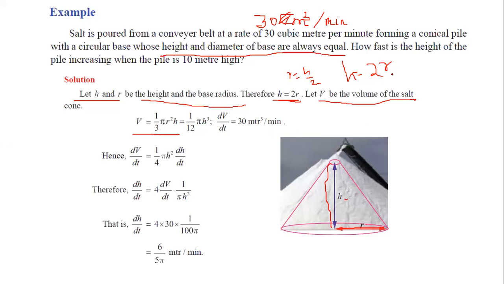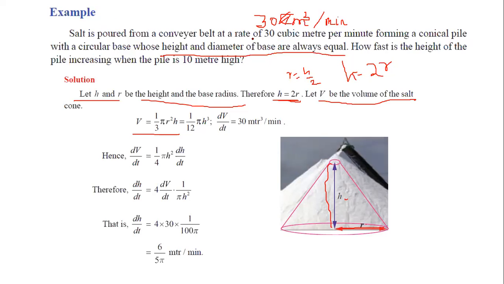Okay, so based on this we are substituting here. dv by dt equal to, that is given 30 meter cube per minute. So here given: salt is poured from a conveyor belt at the rate of 30 cubic meter per minute, forming a conical pile with a circular base whose height and diameter of the base are always equal.